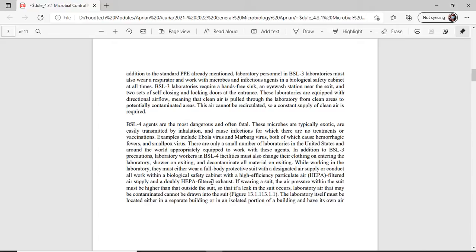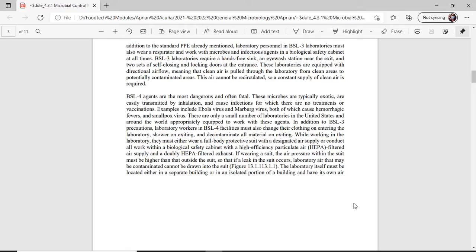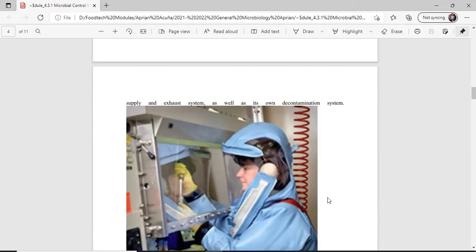The HEPA filter also filters the exhaust air. When wearing a suit, the air pressure within the suit must be higher than what is outside the suit, so that if there is a tear or leak in the suit, laboratory air may be contaminated and cannot be drawn into the suit. The laboratory itself must be either located in a separate building or in an isolated portion of the building and have its own air supply.